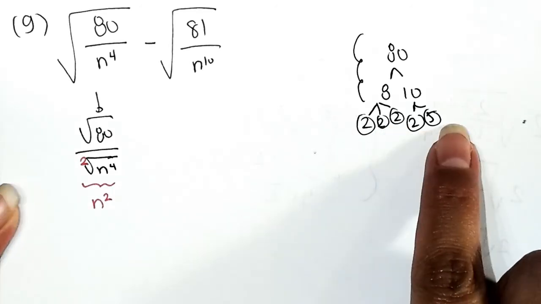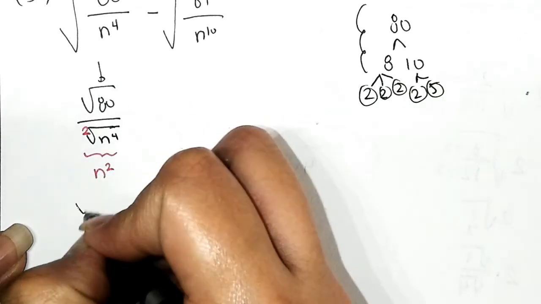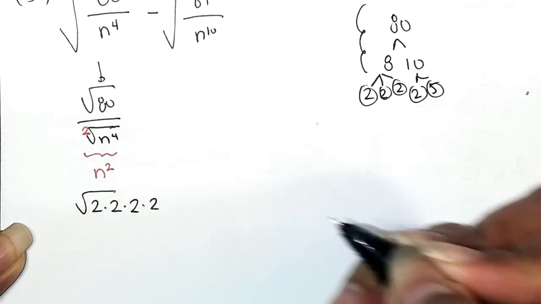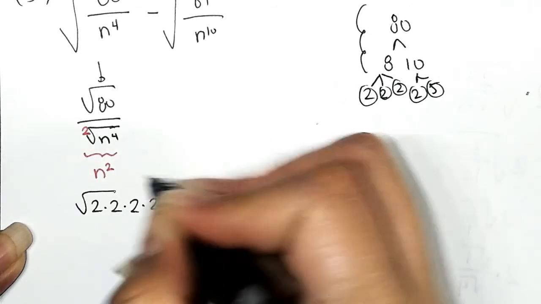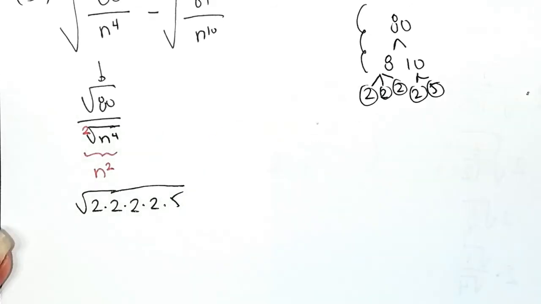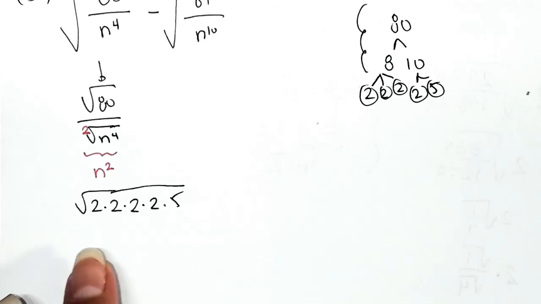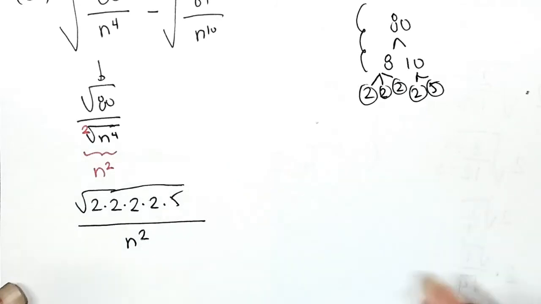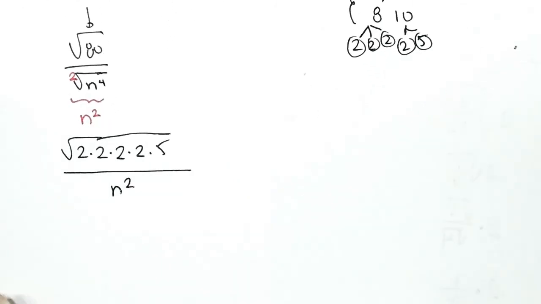That's four 2's times 5. If you're not sure, just punch in that product and confirm that you have 80. And that's all over the denominator in simplified form, which is n squared. Cool, so let's do this.